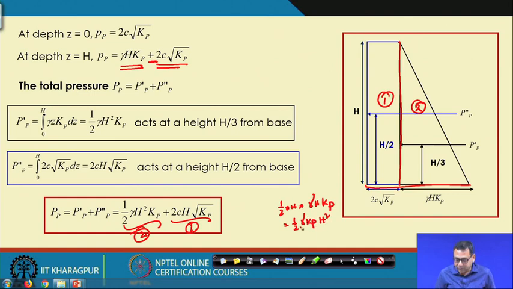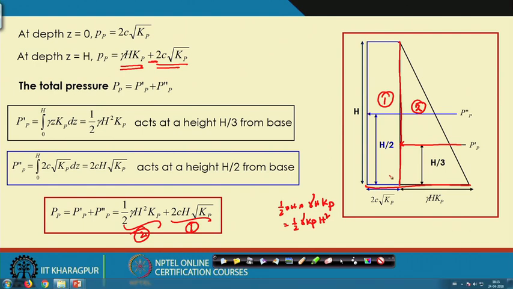This way we can determine the forces, but remember that it acts at a height of H by 3 from the base for the triangle, and for the rectangle it acts at a height of H by 2 from the base. This way we can determine the forces for the passive case also.